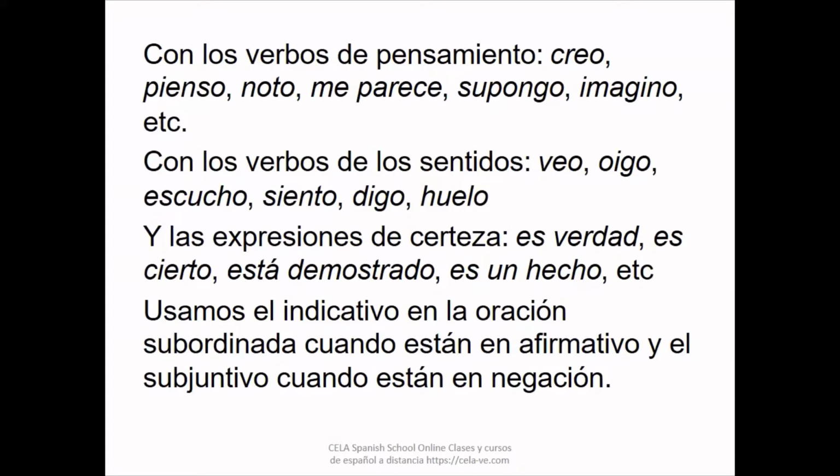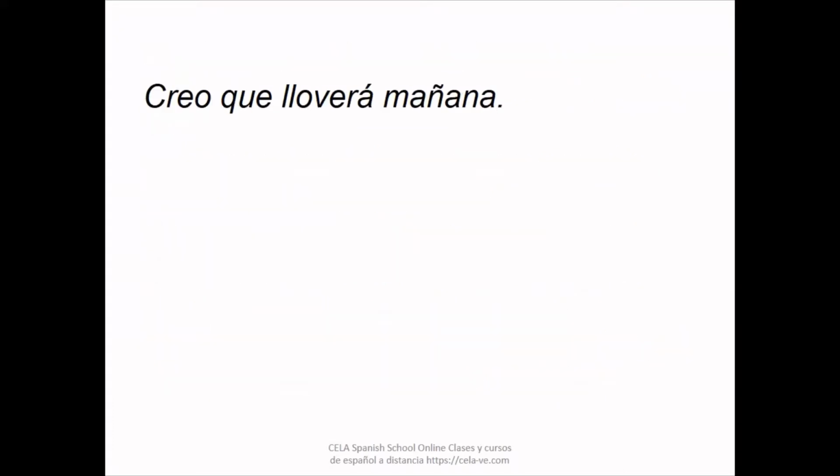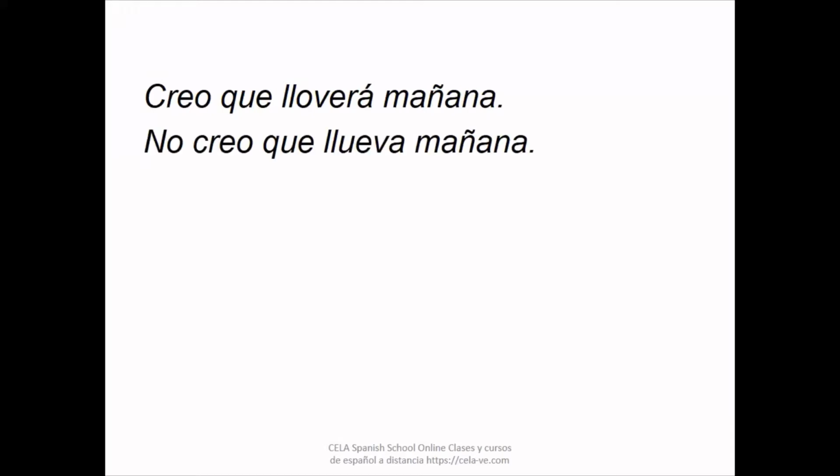Por ejemplo, creo que lloverá mañana. No creo que llueva mañana. The negation refers to the verb in the main sentence, creo and no creo, and not to the verb of the subordinate clause.